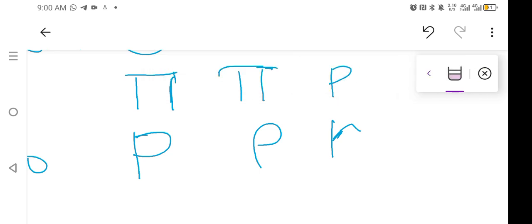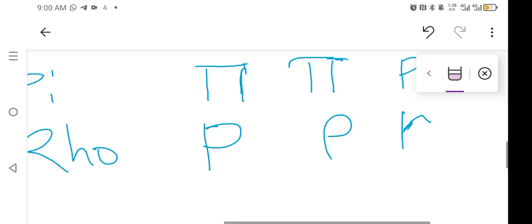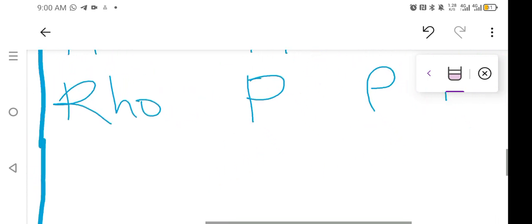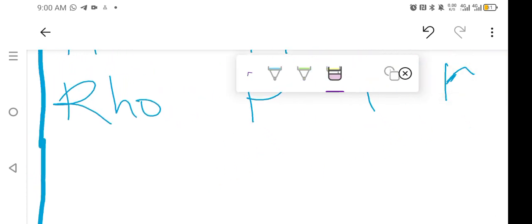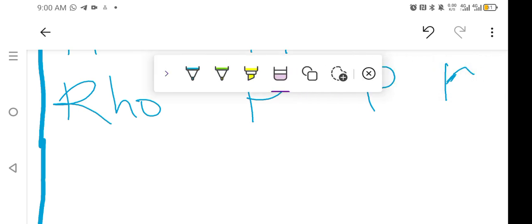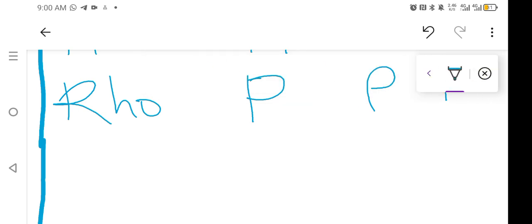So our last letter, like I said, we're going to do the last one, which is sigma, before we do a review. So sigma is the last letter for today, not in the alphabet, but in this lesson.